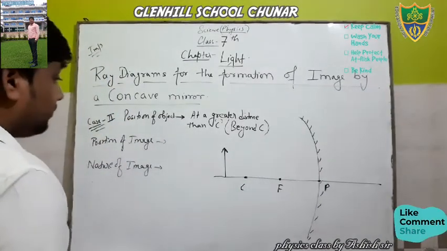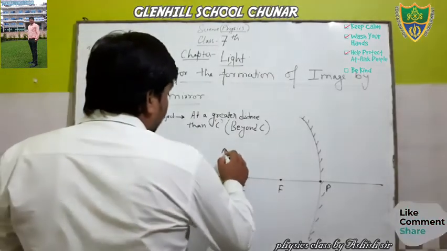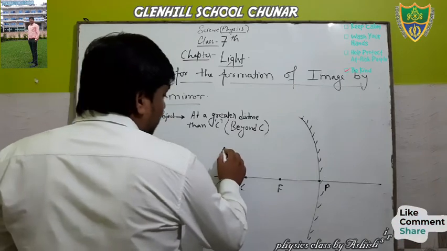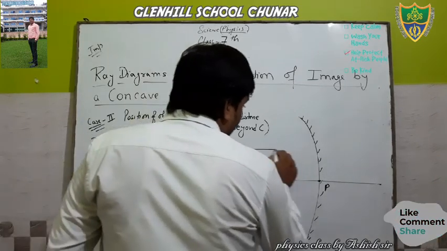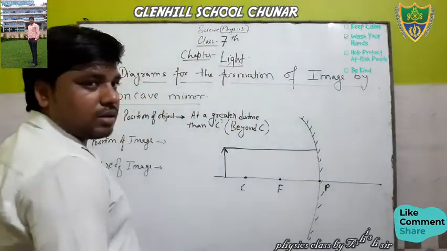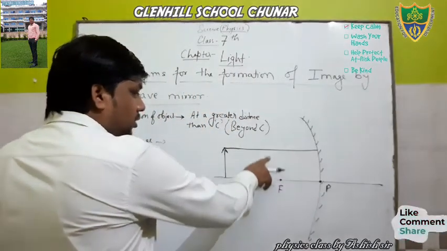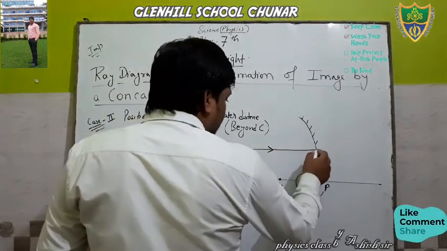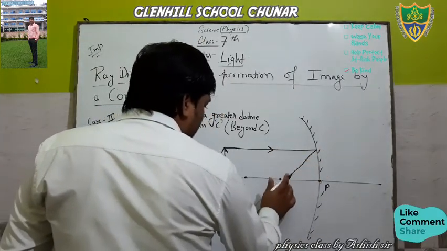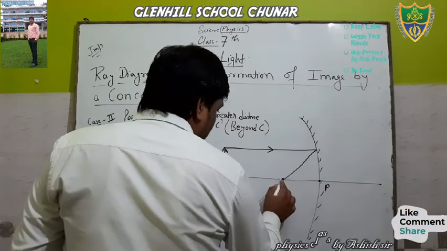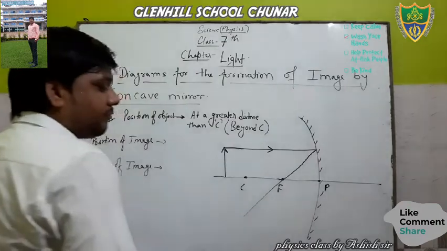The ray diagram. In the ray diagram, first, from the tip of this object, the first ray is going like this, which is parallel to the principal axis. After striking the mirror, it passes from the focus.